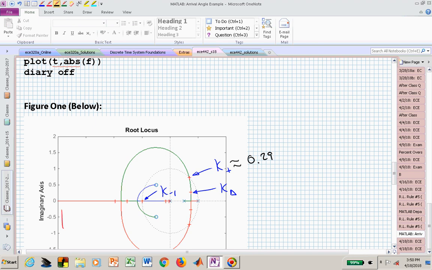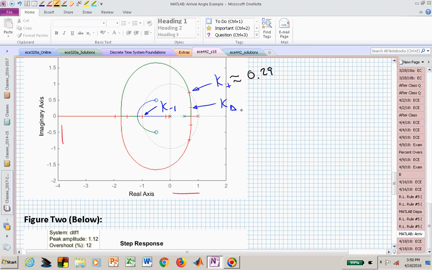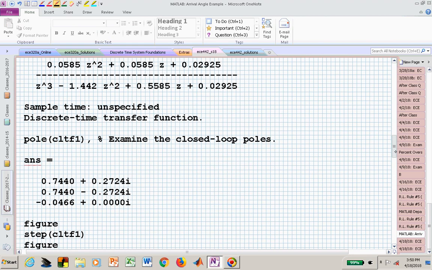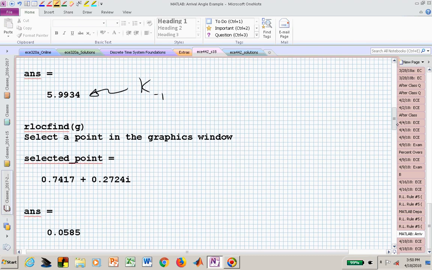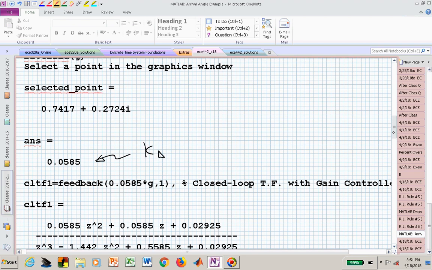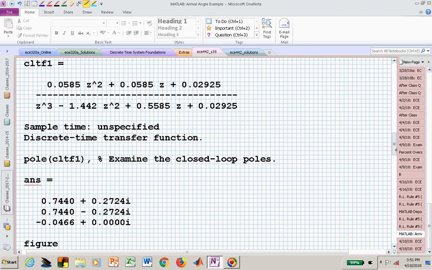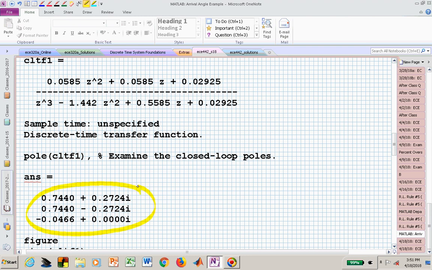And if I wanted now to maybe find what this gain was, that's now at 0.74 plus j point. So now I'm calling this, I think, my K triangle. I use that gain to determine a closed loop transfer function with the feedback command. I find the closed loop poles. They're all inside the unit circle.